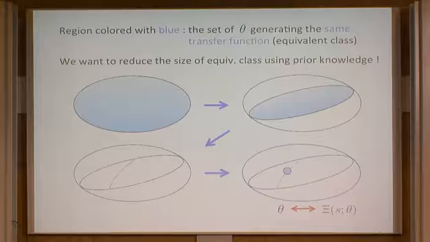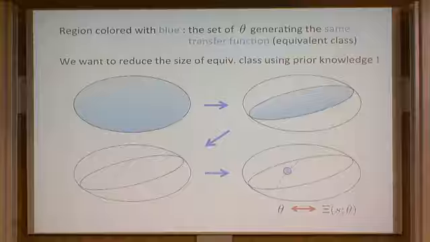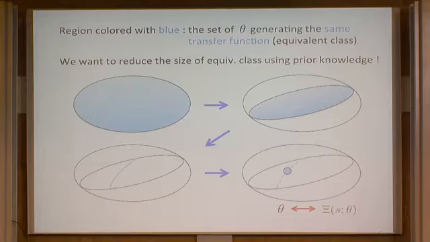Further, we know that the omega matrix contains some components, 0 and 0, something like that. This additional prior knowledge allows us to reduce the equivalence class from here to here. Repeating this procedure, if we are lucky, we can get to the case where the parameter and the transfer function are in one-to-one correspondence. If the transfer function is given to us, then we can identify theta uniquely in principle. This is the case where theta is identifiable.